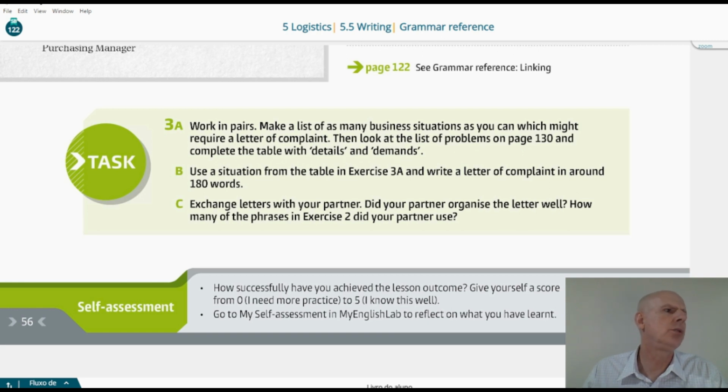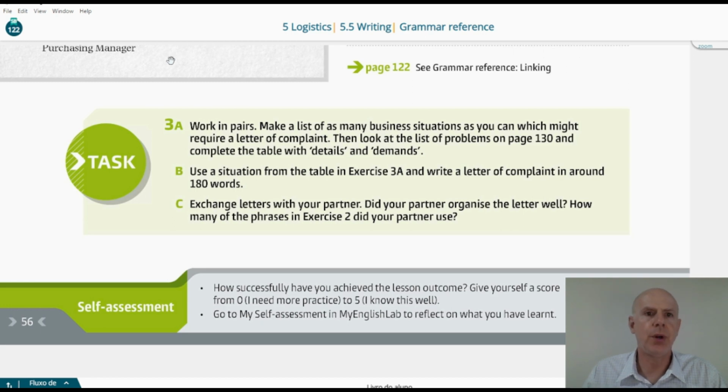Well, what could go wrong and would give you the necessity to write a letter of complaint? For example, we saw here wrong delivery, wrong items, damaged items, right?